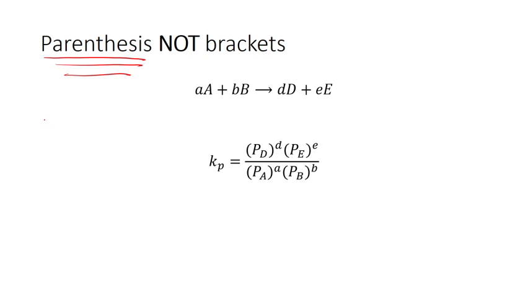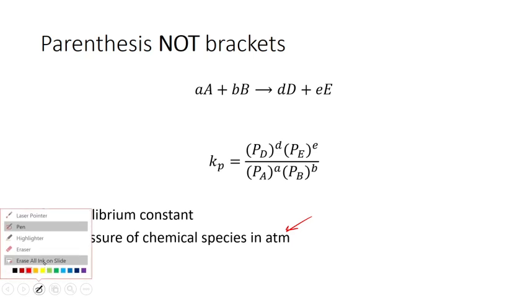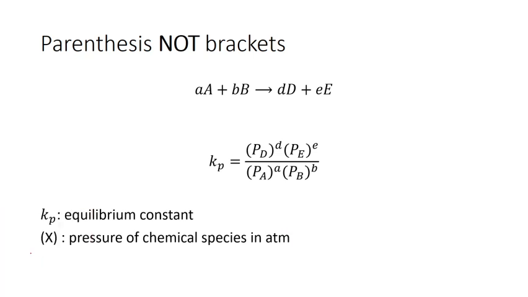Parentheses, not brackets. For whatever reason, when we're working with equilibrium, you don't put pressures in brackets, you put pressures in parentheses. Other than that, the equilibrium expression works exactly the same. It is still products over reactants. K sub P is still an equilibrium constant. It's just that now we have the pressure of the chemical species in units of atmospheres. So that's the difference between working with concentrations and pressures dealing with equilibrium.